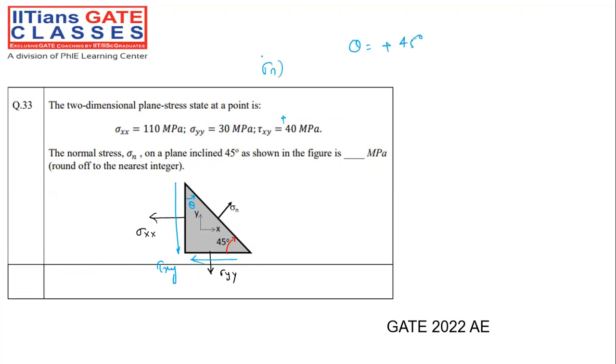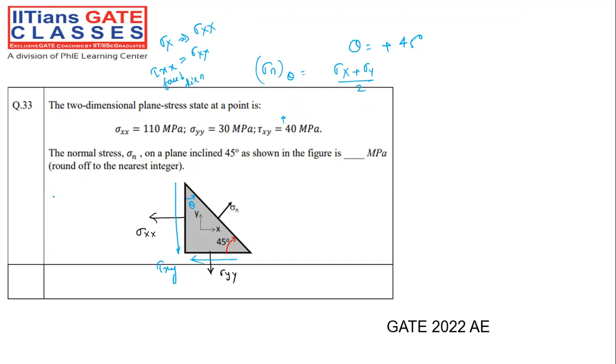And what is the formula we have to use? A simple formula that we have derived: sigma x plus sigma y by 2. See, we are writing sigma x, automatically that will become sigma xx only. Normal stress notation is sigma. Sometimes in the GATE examination they might show you tau xx also. There's no doubt in that. That is also equal to sigma xx only, because you can see very clearly based on the direction. This is the face, this is the direction.